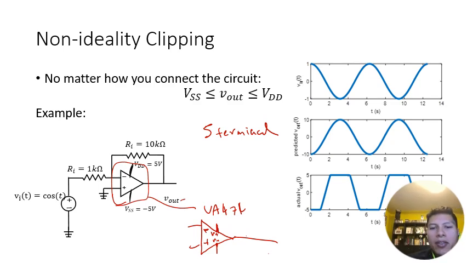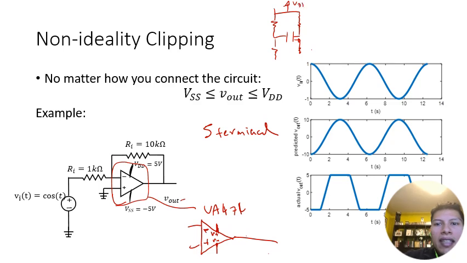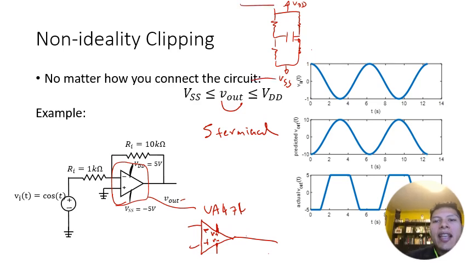Those 2 terminals correspond to, if you think of your original amplifier designs, they all had to be DC biased by some VDD and VSS. None of our amplifiers can ever give you an output voltage that is not within the range of these 2 voltages.